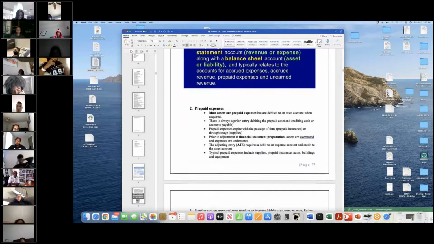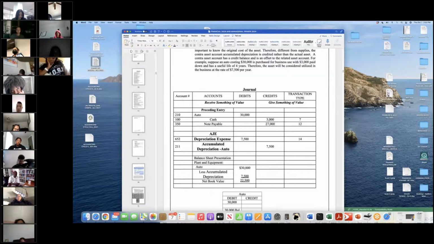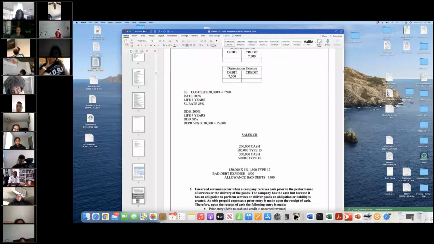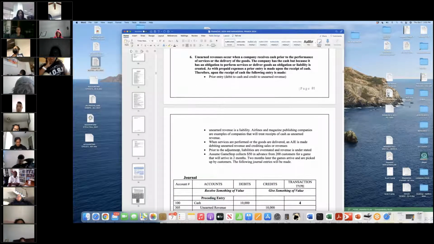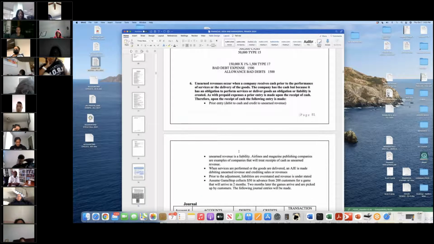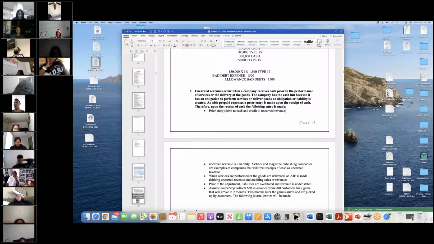So why don't we go to unearned revenues first. Unearned revenue is a situation when a company receives cash prior to the performance of services.